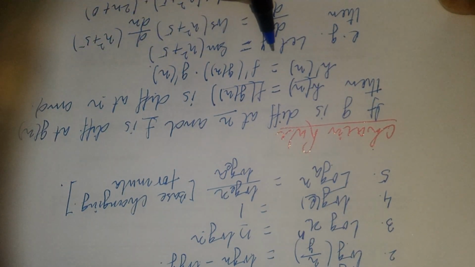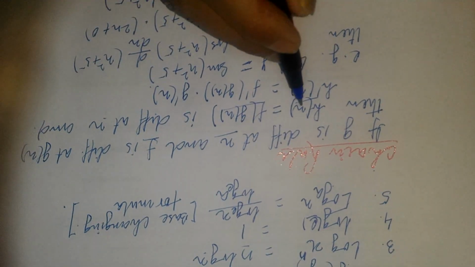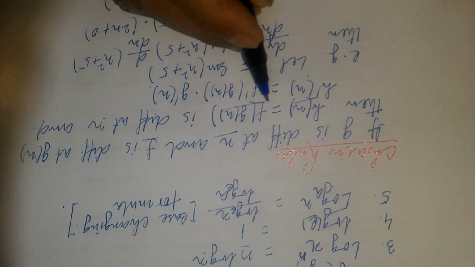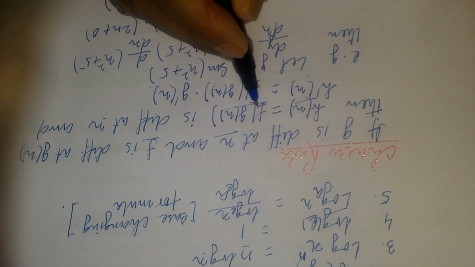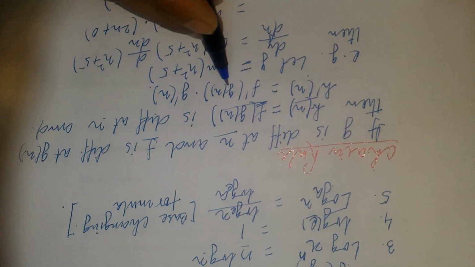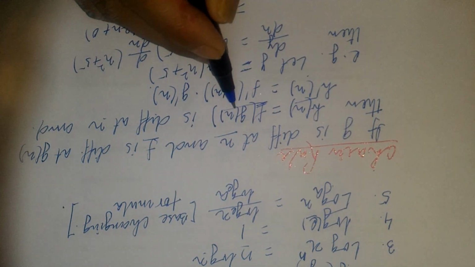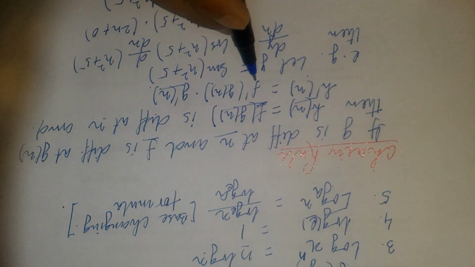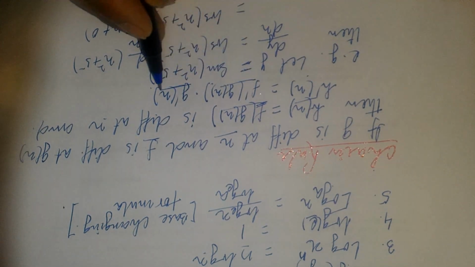And how do we differentiate it? The derivative of this function is very simple. First we take the derivative of the outer function. The outer function is f here. So the derivative of f, and then we take the derivative of the inner function. So we'll be talking about outer function and inner function.